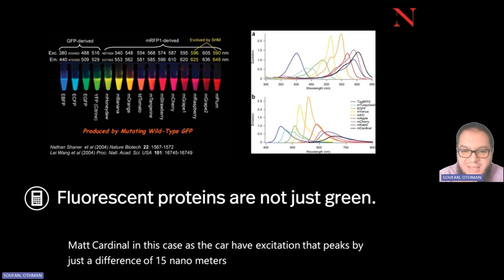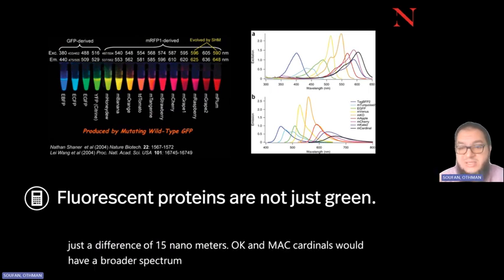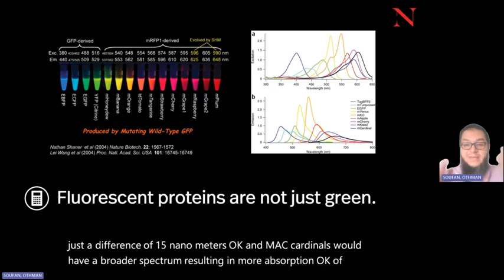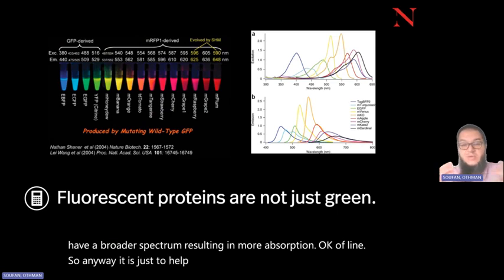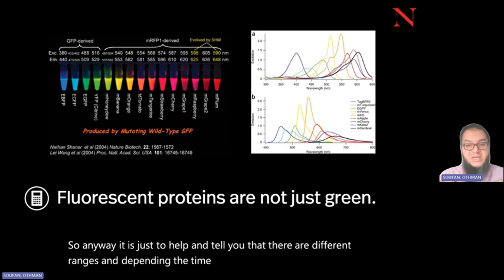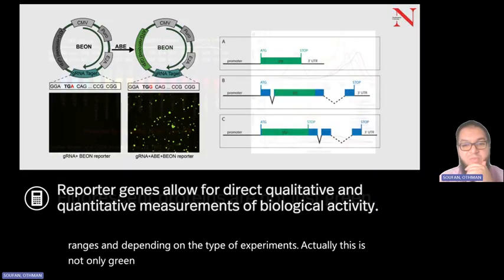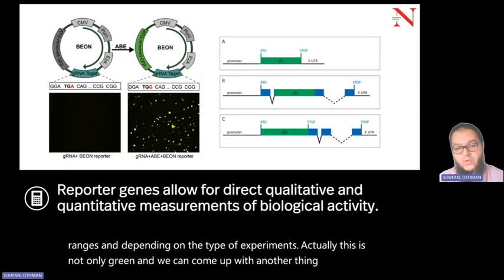And mCardinal would have a broader spectrum, resulting in more absorption of light. So anyway, it is just to tell you that there are different ranges, and depending on the type of experiments, this is not only green, and we can come up with another thing that we can work with.